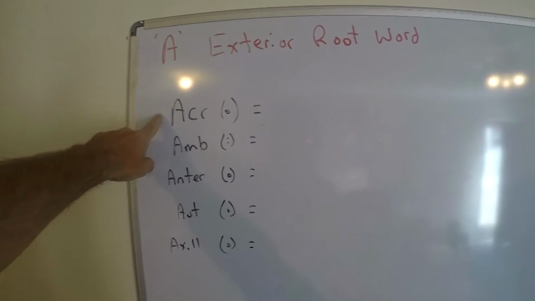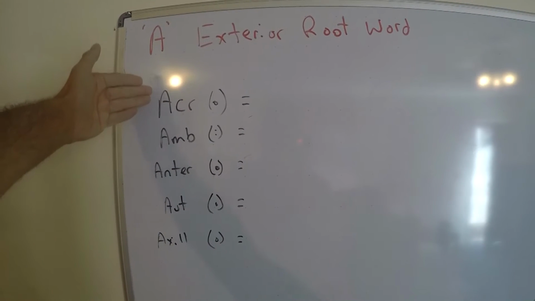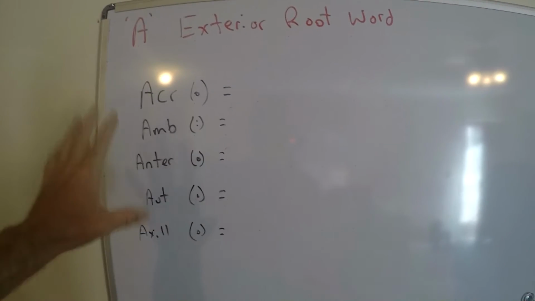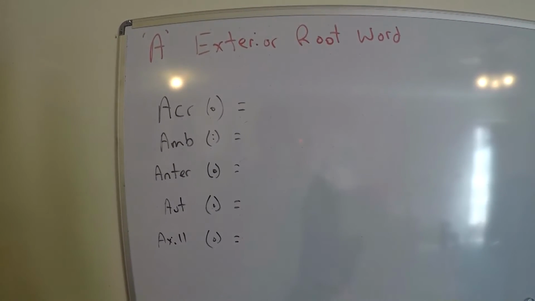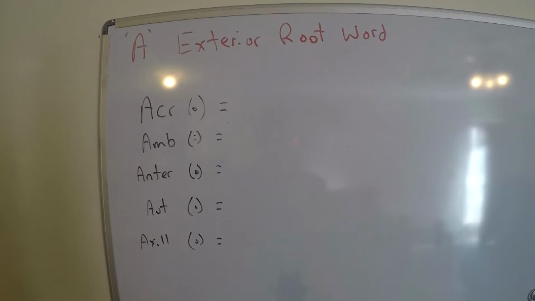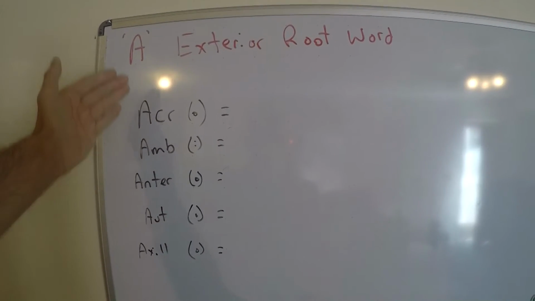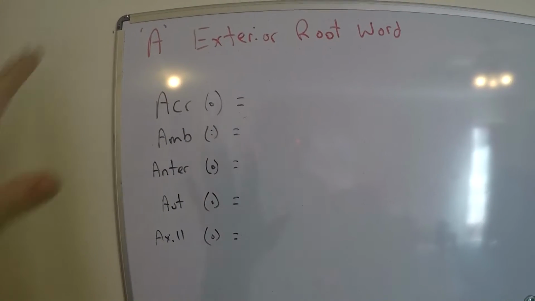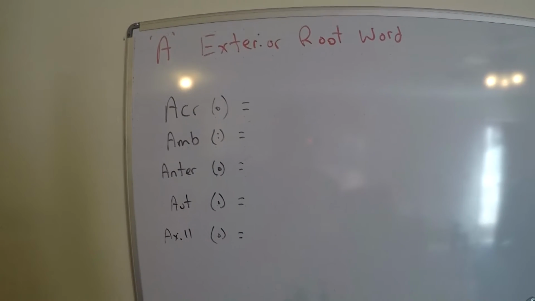So take a look at these 5, okay? Now, there are more root words that begin with A, but these are the most common. Remember, we're about to go to nursing school or to some medical field, and we want to prepare for the most common root words that we'll see, and these are the topmost 5, and we'll get into some more later, but right now let's memorize these.